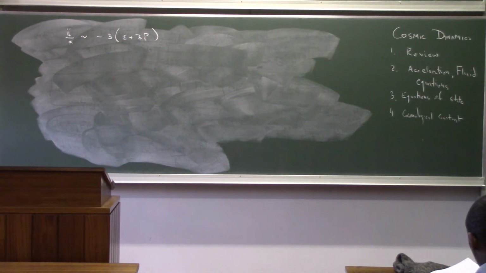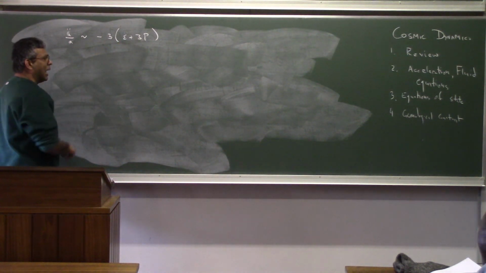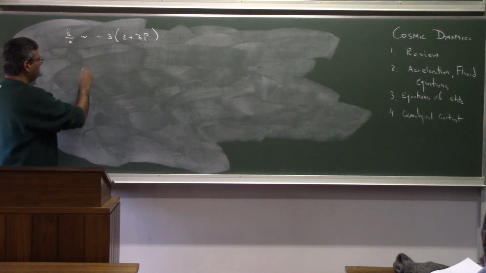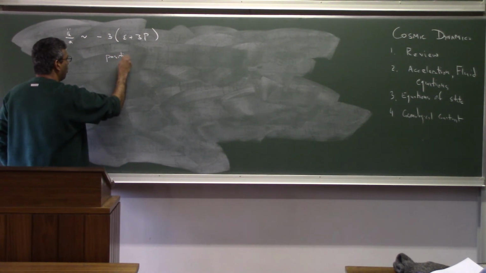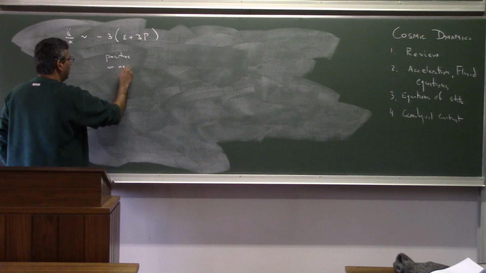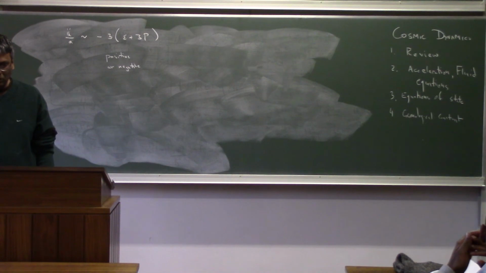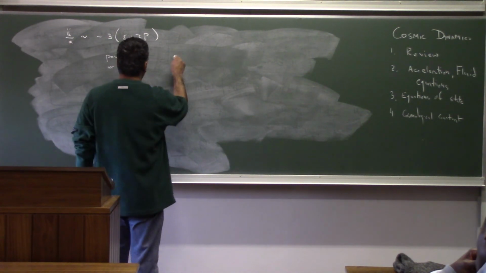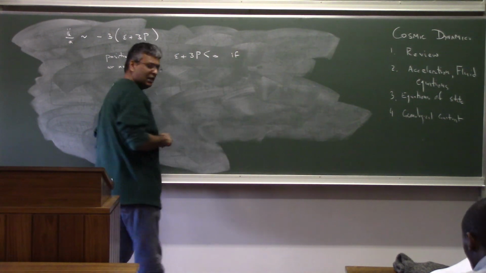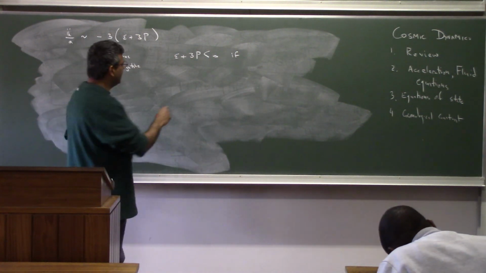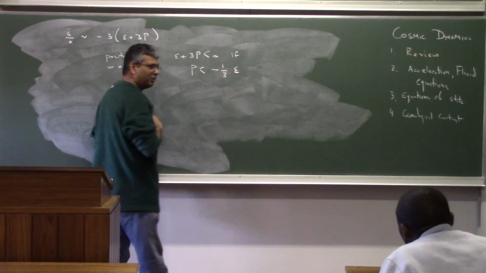Okay, so the first thing we notice is that a double dot over a is proportional to minus 3 epsilon plus 3p. So this is positive or negative, depending upon what epsilon and p are. So epsilon plus 3p is less than 0 if p is less than minus 1/3 epsilon.